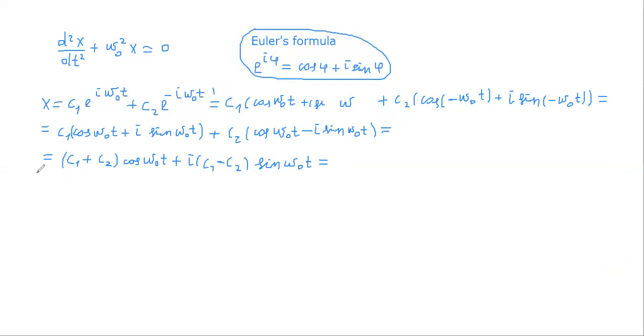So let's make some new designations. Let's designate this as A, and this we will designate as B. According to these designations, it will be equal to A cosine omega 0 t plus B sinus omega 0 t.